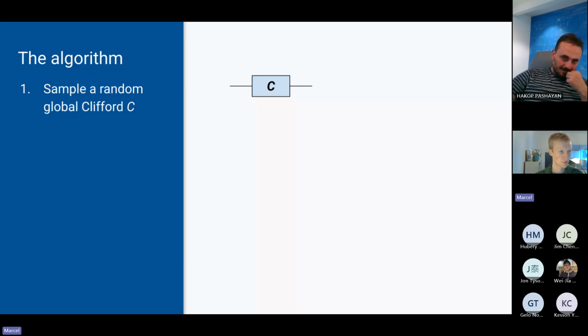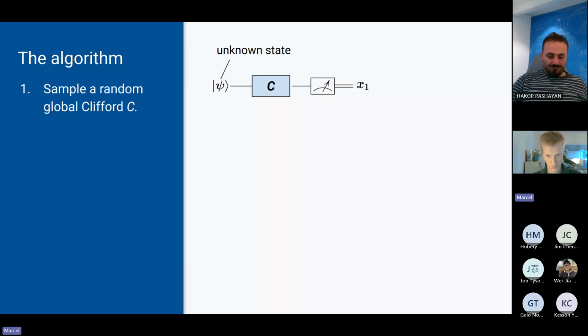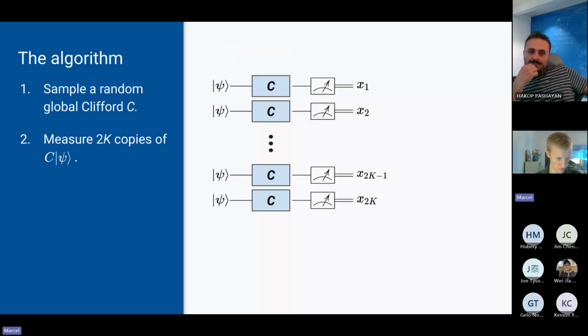Then, if you have this Clifford unitary classically, you can quantumly apply it to your unknown state. You just rotate your unknown state by this random Clifford unitary and then measure in the computational basis. Within the algorithm, this is not done only once, but over and over again, 2K times.